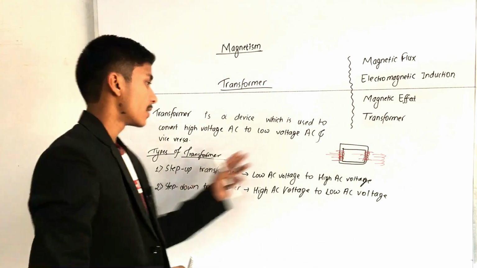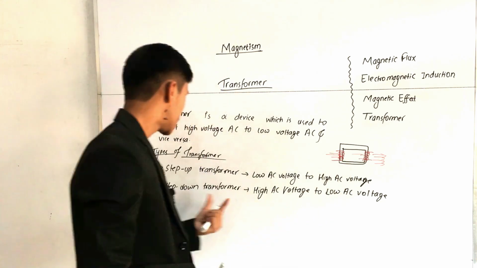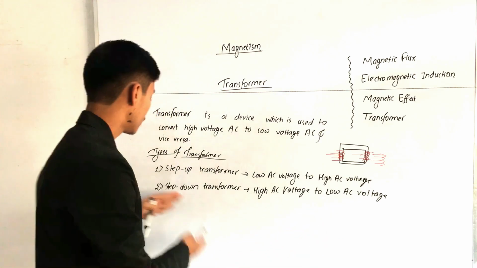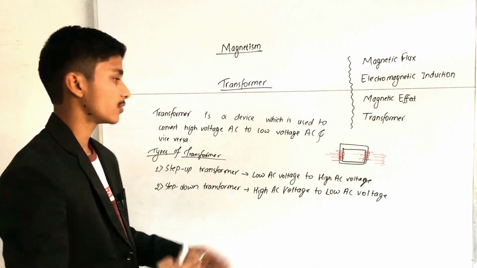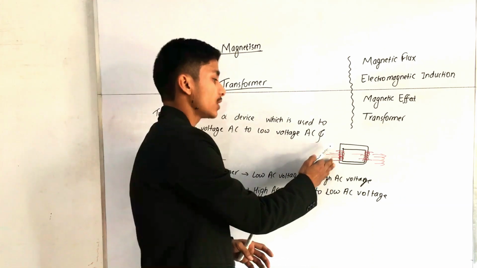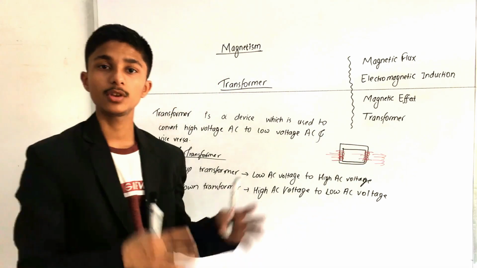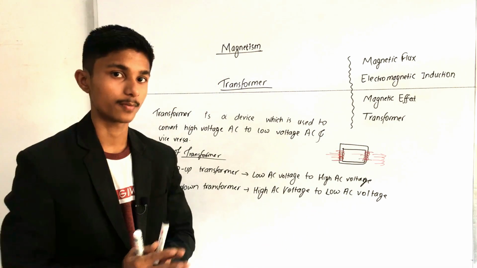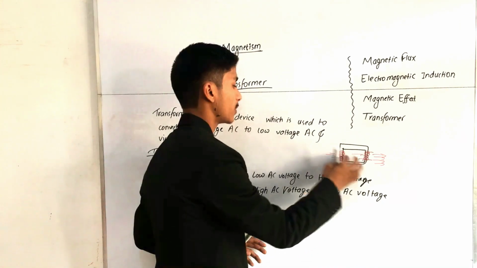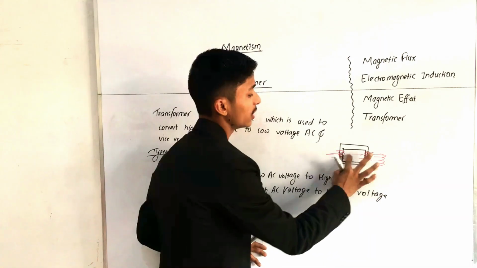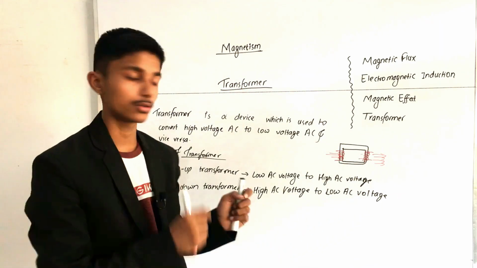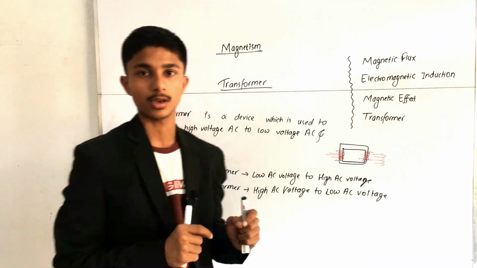Therefore, the primary coil in a step up transformer is less than the secondary coil, and for a step down transformer it is just the inverse. The number of primary coil turns is greater than the secondary coil. When a high amount of electricity is passed through the primary coil, the electricity gets decreased due to the low number of turns in the secondary coil.